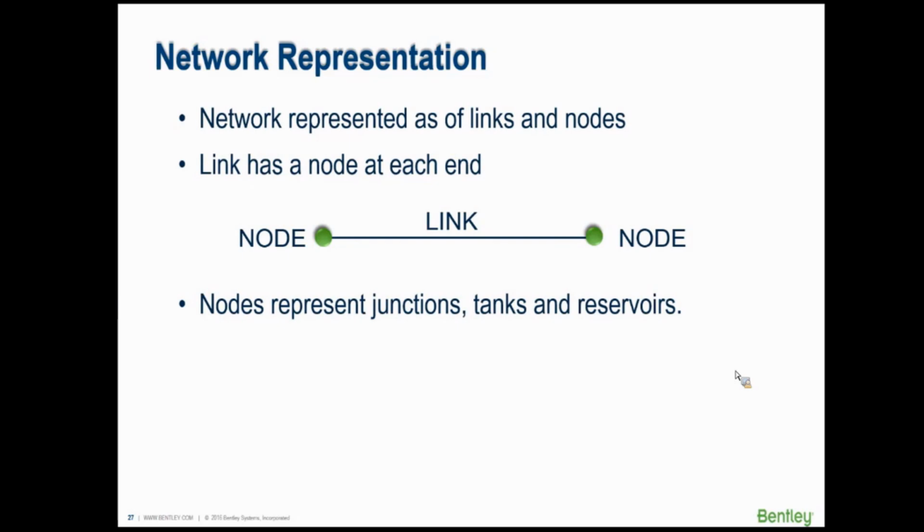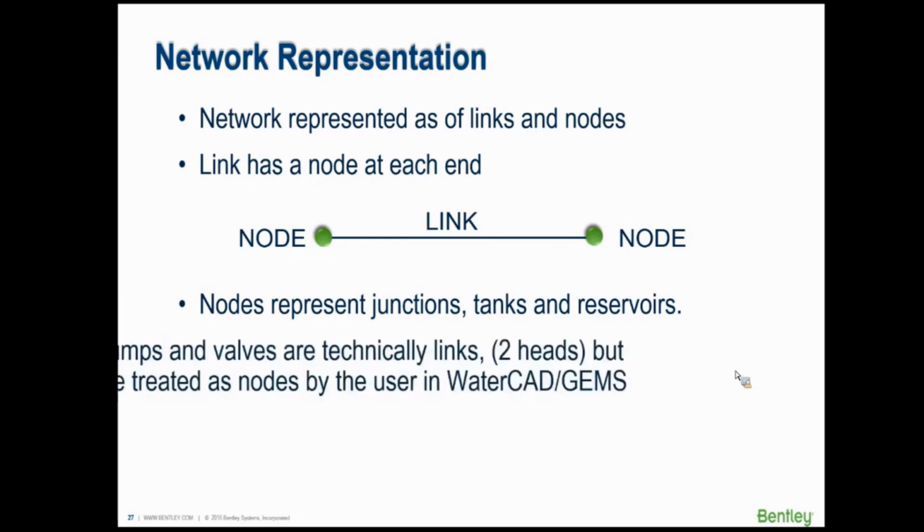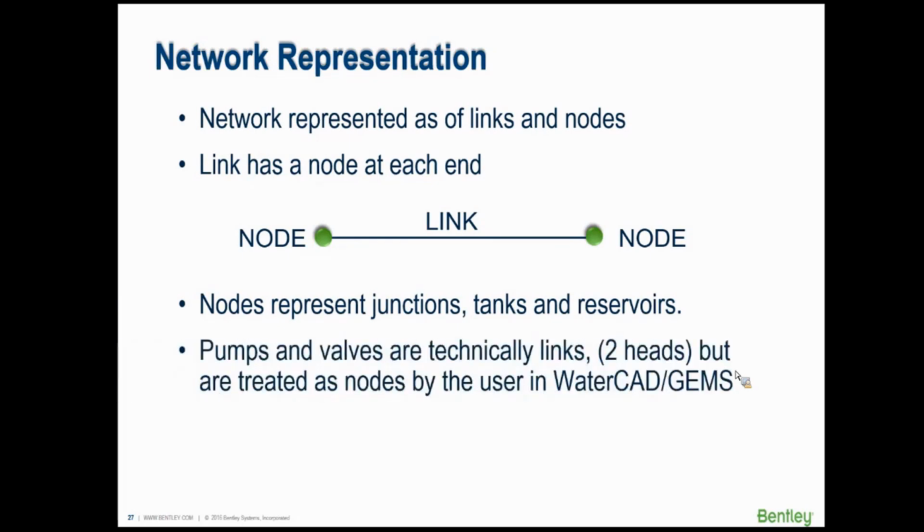So nodes are things like junctions, tanks, reservoirs. Links are things like pipes. Now, pumps and valves have properties of links and properties of nodes, because pumps and valves are generally point features in your GIS, but they really have two heads. A node usually has a single value for the head, the hydraulic grade line, but pumps and valves are things that change the head at a point.